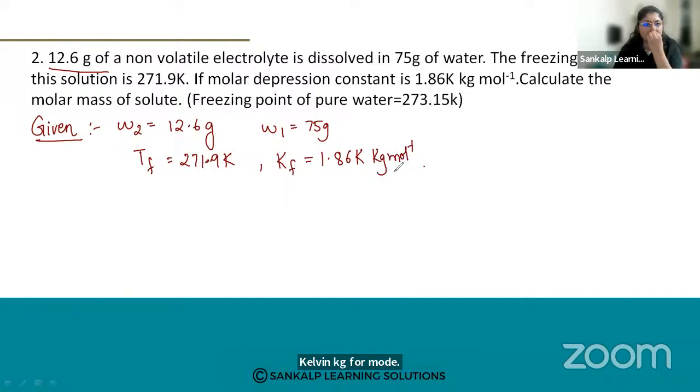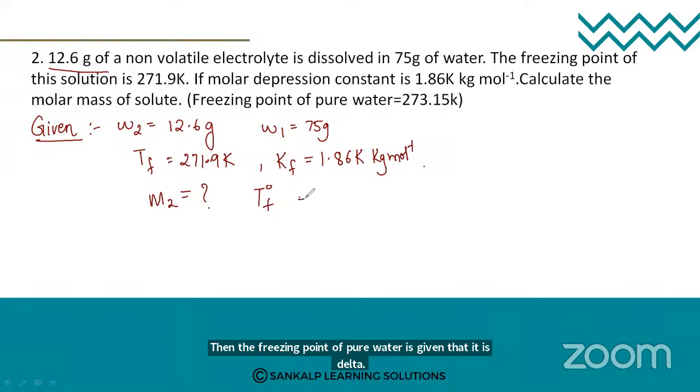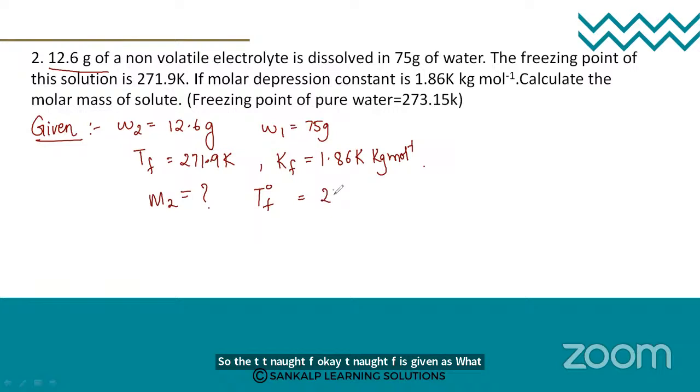Calculate the molar mass of solute. So molar mass of solute is M2, we have to calculate. Then the freezing point of pure water is given, that is T naught F, 273.15 Kelvin. So these are the things which are given.